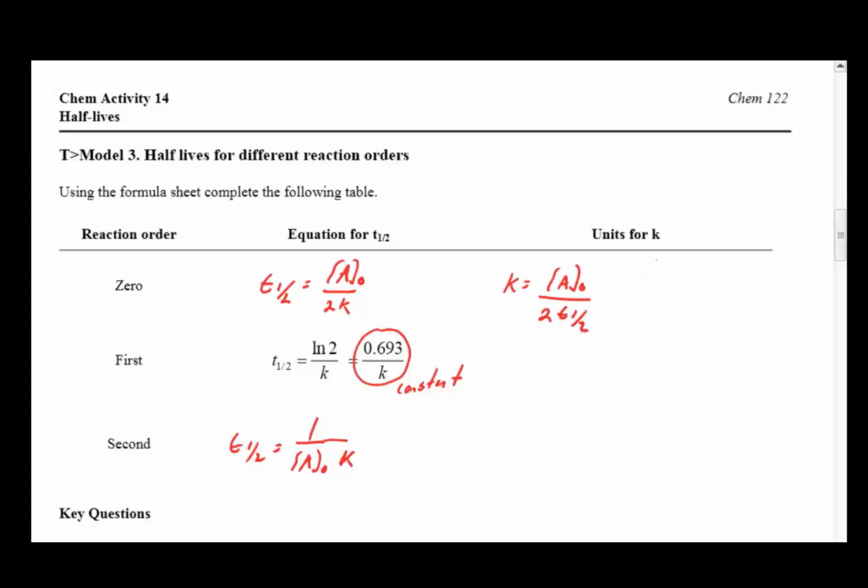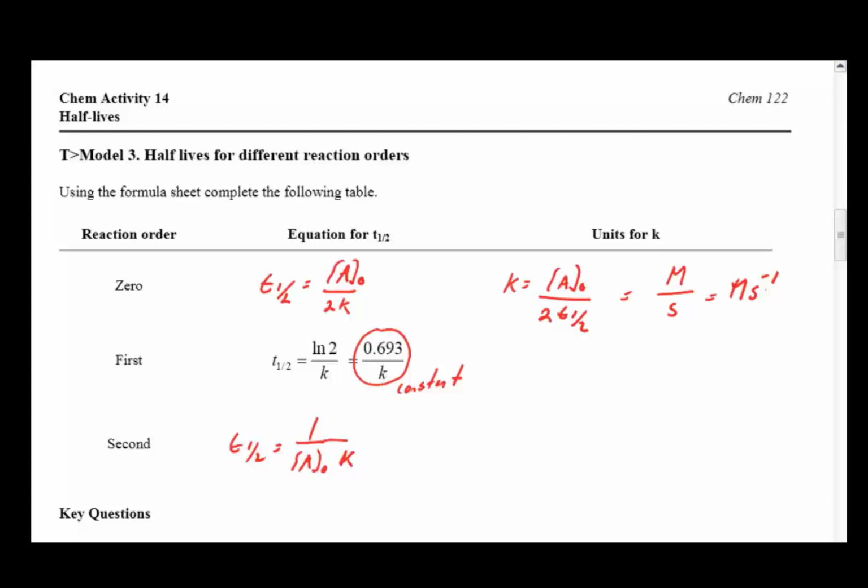Now once again, I can easily see that the units for K would be molar per second, because the units for the original concentration will be molar, and the units for time, assuming we're making the measurements in seconds, will be seconds. So molar second to the -1 is exactly what you'd expect for a 0-order reaction.